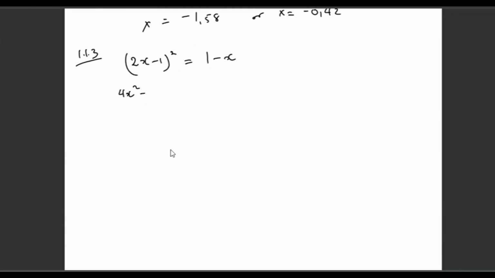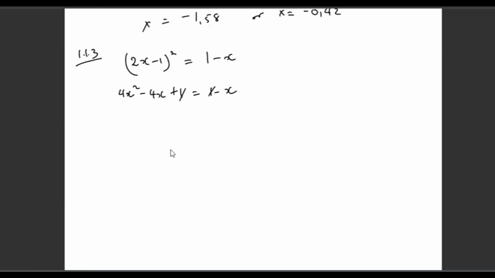Then we just have to open up the square bracket. This is 1.1.3. So that's going to be 4x squared minus 4x plus 1 is equal to 1 minus x. We can transpose everything to one side of the equal sign.